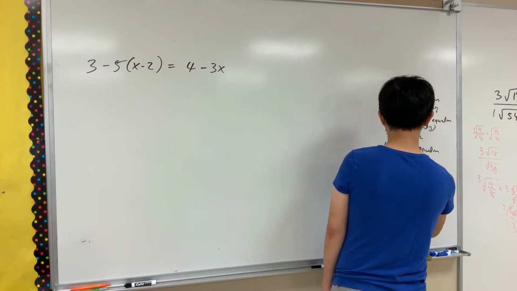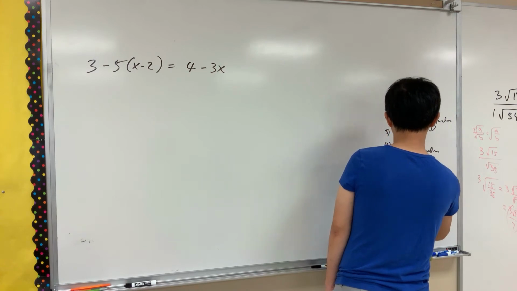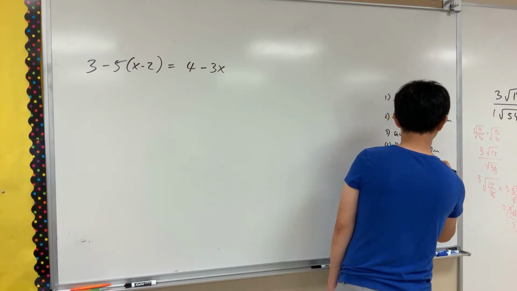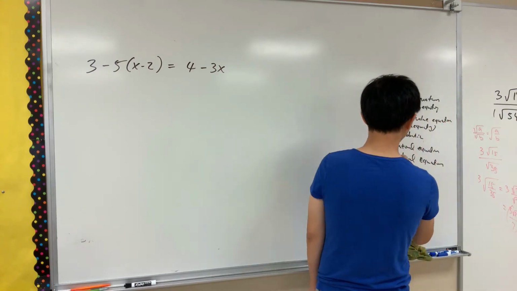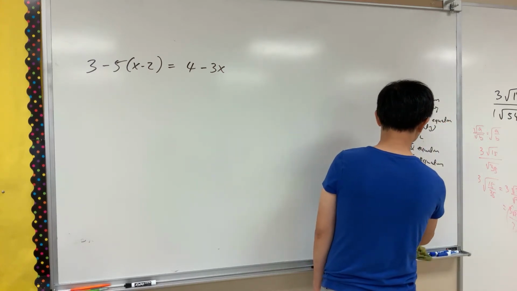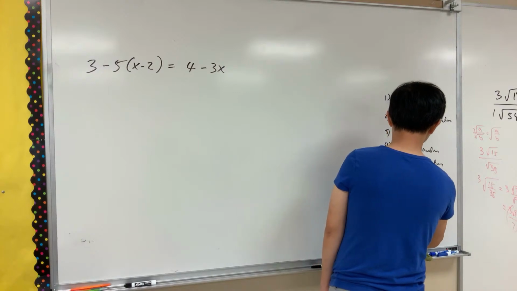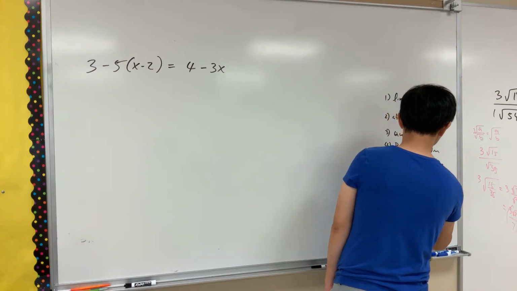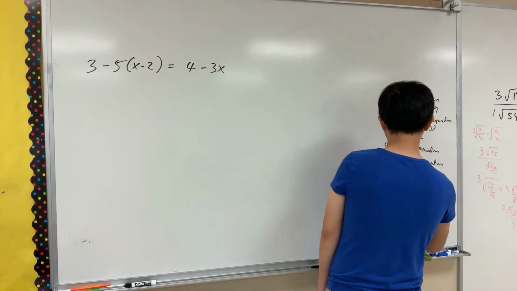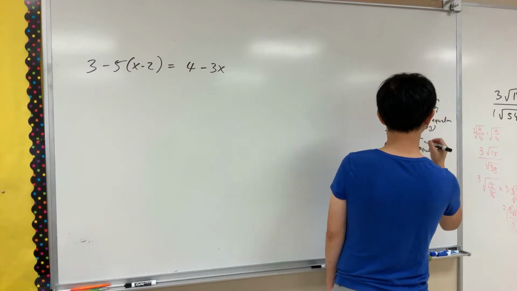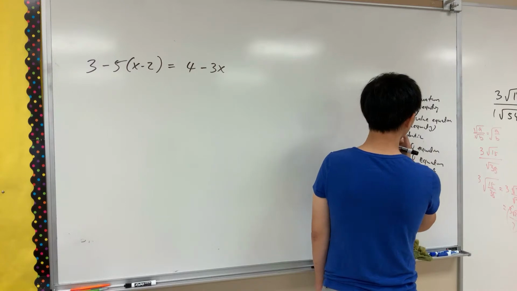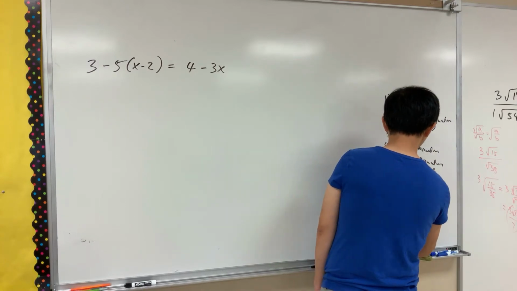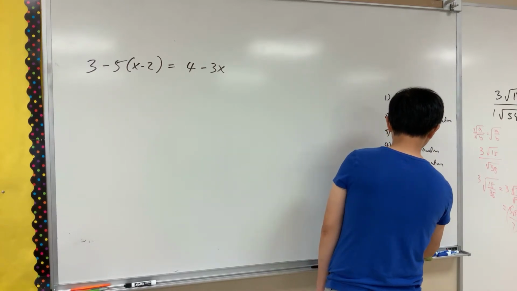Radical equation, rational exponent, those are equations, and we got inequality. Seven, we're going to talk about quadratic inequality.